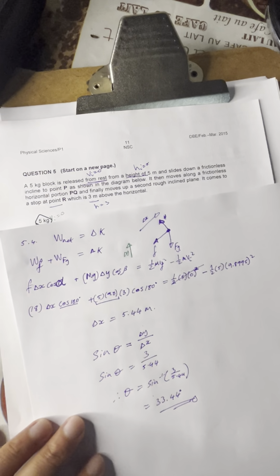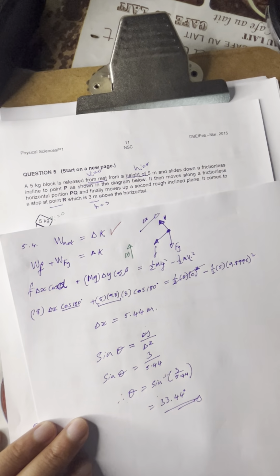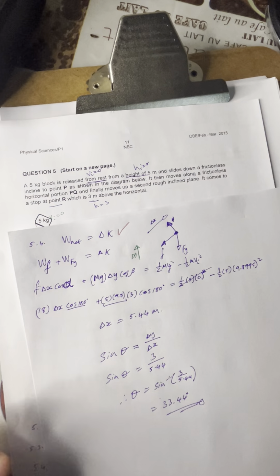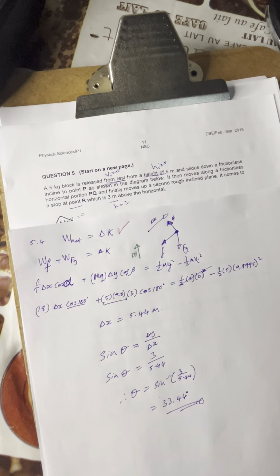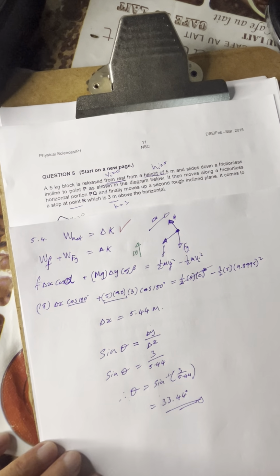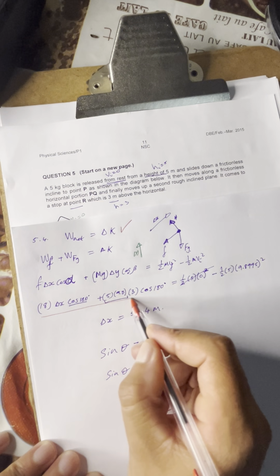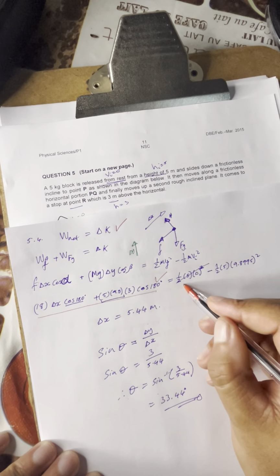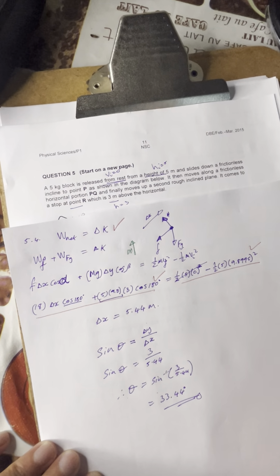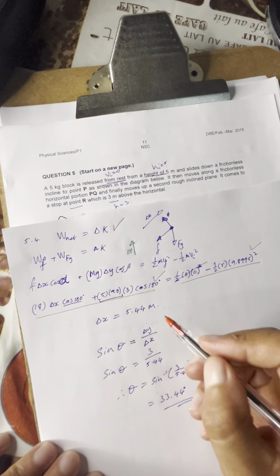Let's see how it's going to be marked. 1 mark for the formula. If you write the correct formula, you'll be given a mark. If you write the formula and you use it. If you write the formula only and do not use it, no mark. You should write the formula and use it. I believe the left-hand side will be given a mark. The right-hand side will be given a mark also. You get an answer.